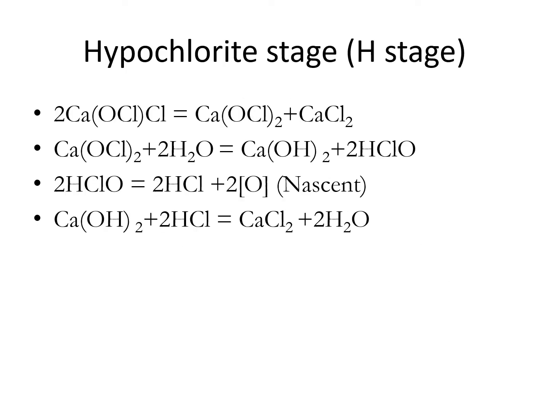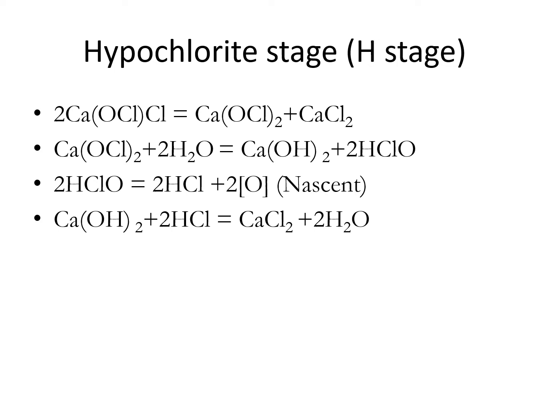The hypochlorite stage or H stage. The function of hypochlorite in multistage bleaching is to remove by oxidation the colored residue remaining in the pulp after chlorination and alkali extraction. The chlorinated and alkali extracted pulp still has a dark color because it contains an appreciable amount of residual chlorinated lignin and other colored substances.